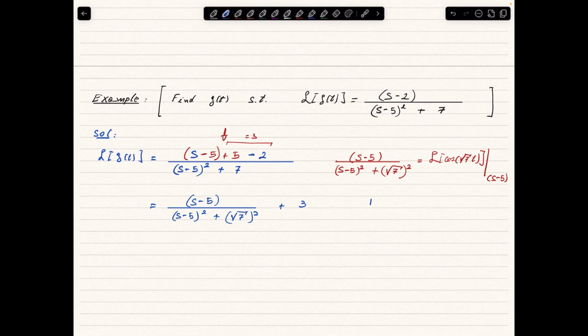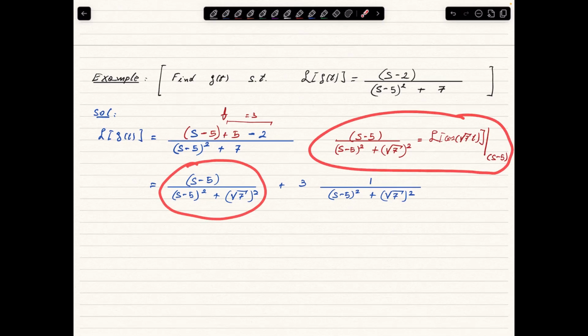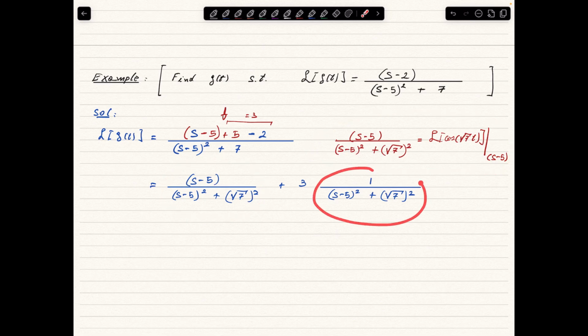And then we have 1 over s minus 5 squared plus square root of 7 squared. So what we have here now is exactly the Laplace transform of the cosine shifted. And this here is the Laplace transform of the sine shifted if we multiply the numerator by square root of 7, and therefore we need to divide by square root of 7.